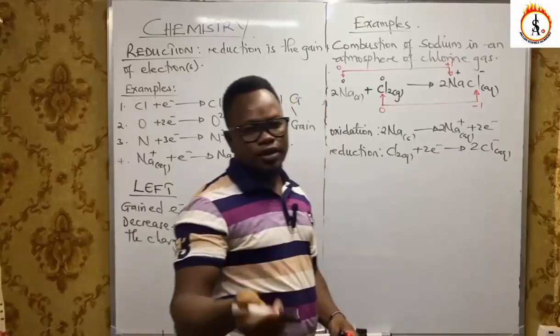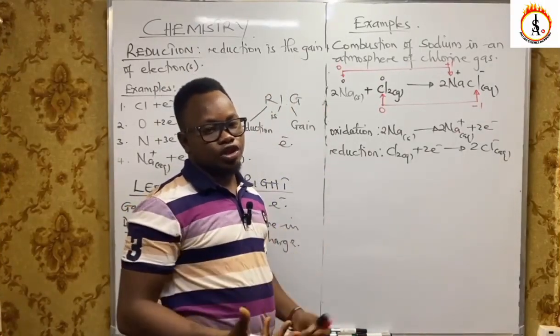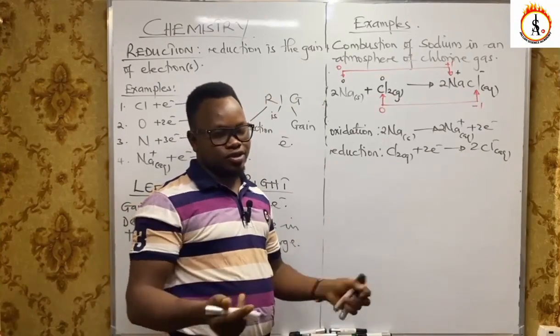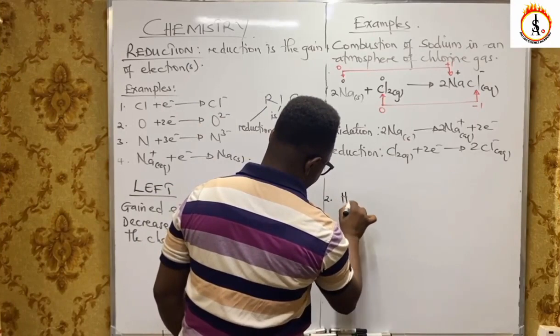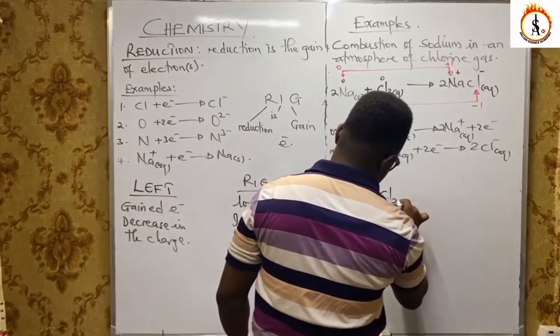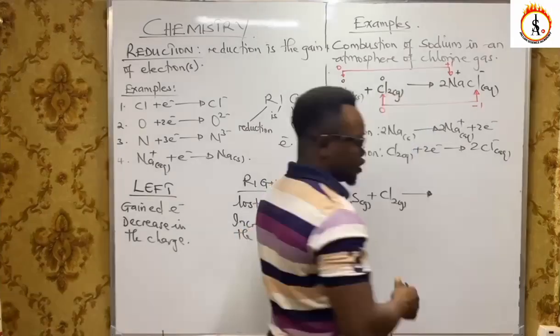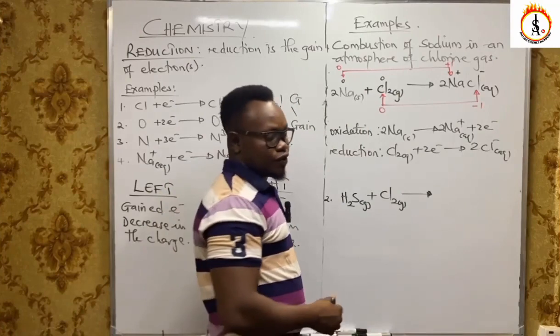So the next example we are going to look at is reacting 2 gaseous substances, that's hydrogen sulfide and chlorine gas. Example 2, hydrogen sulfide. These 2 gases will precipitate sulfur and give us hydrogen chloride gas.